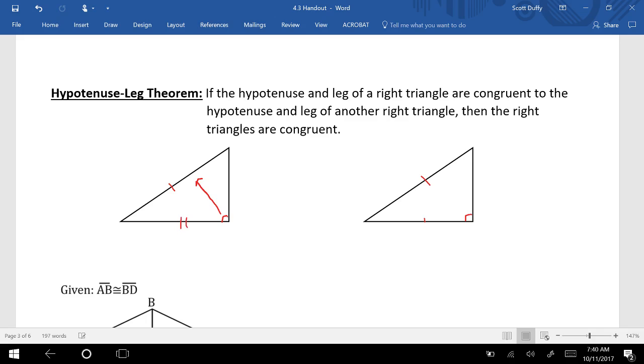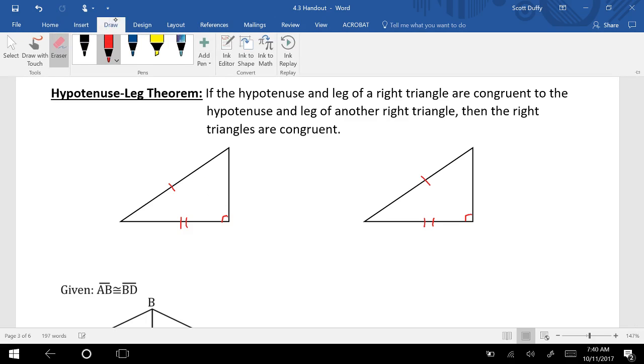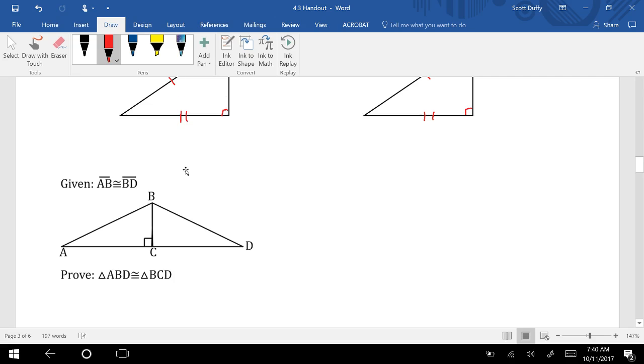Legs are the two sides that form the right angle. Then we know that the two triangles are congruent. So if we're given a side and another side, and then we know this angle is 90 degrees, therefore they are going to be congruent. And I'm not going to go through the proof for that one.